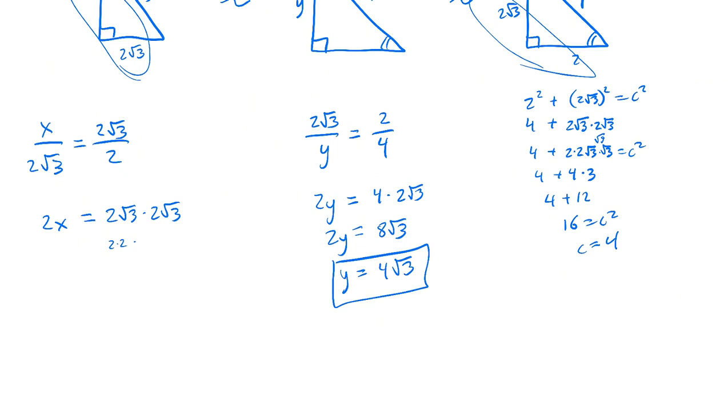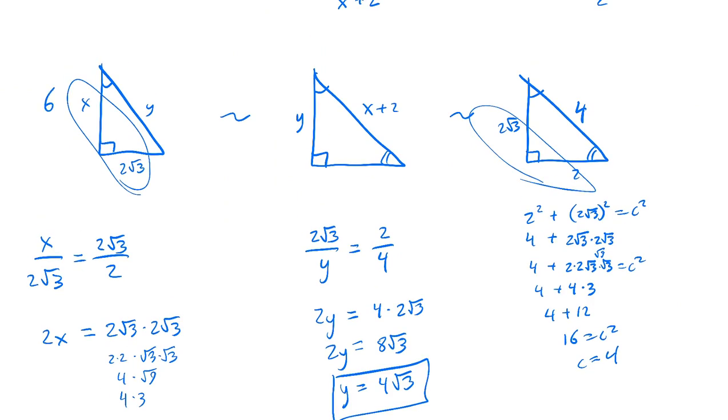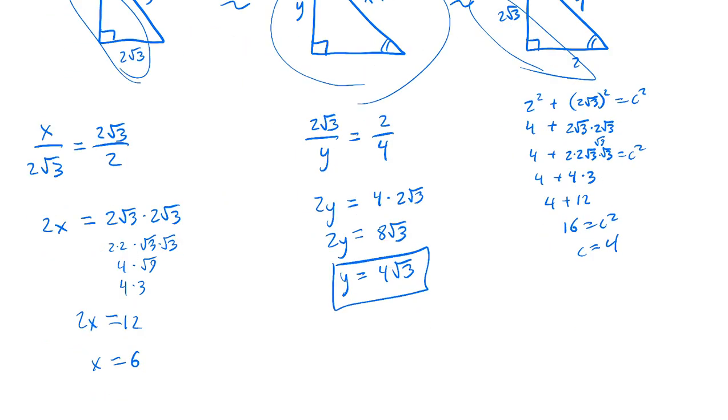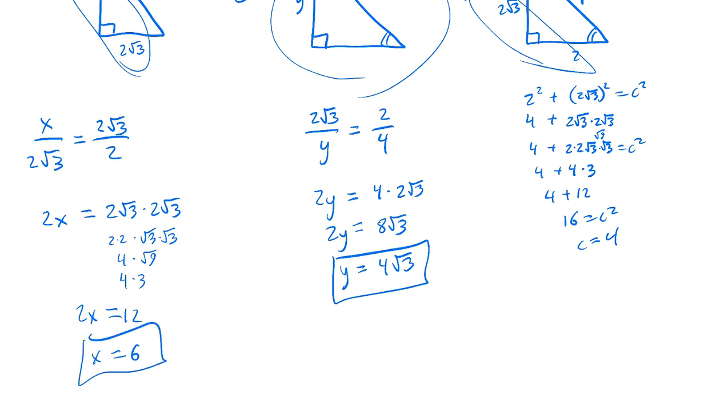So 2 times 2 times root 3 times root 3, so that's 4 times root 9, that's 4 times 3, that's 12, equals 2x, so that means x equals 6. Okay, so we have a 6 and a 4 root 3 here for our sides, and if we wanted, we could go ahead and solve for all the values in this triangle, but it didn't ask us to, it just asked us to solve for x and y.